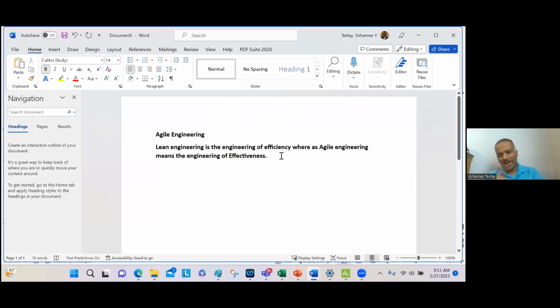Effectiveness. So one is efficiency, but the other is effectiveness. Okay, make it effective.